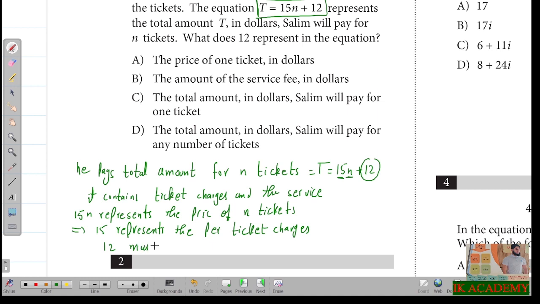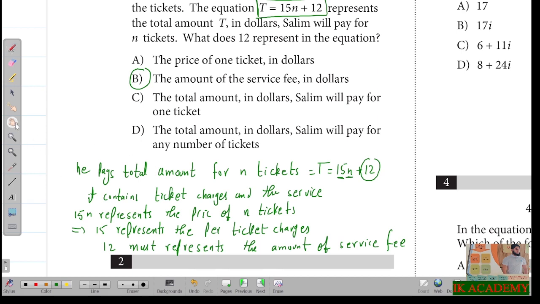Option A is the price of one ticket in dollars, and B is the amount of service fee in dollars, so B is the correct option.